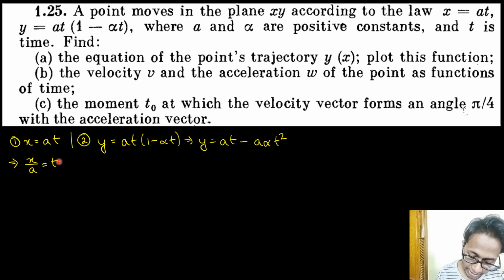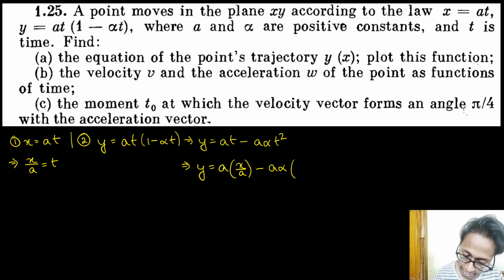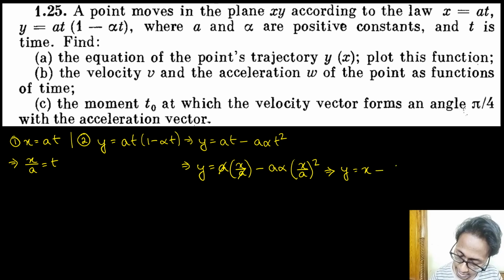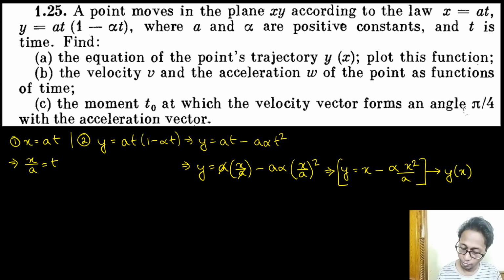Now if I substitute this t in both places, what do I get? y equals a times x by a minus a alpha times (x by a) whole squared. If I simplify this, y equals x minus alpha x square by a. This is our equation of trajectory, or y as a function of x. There is no time parameter in this equation. Did all of you understand this one?